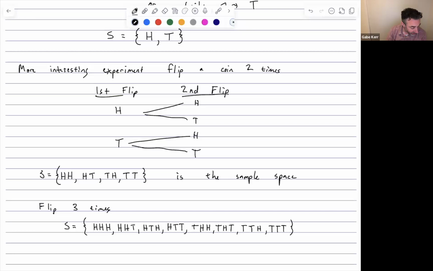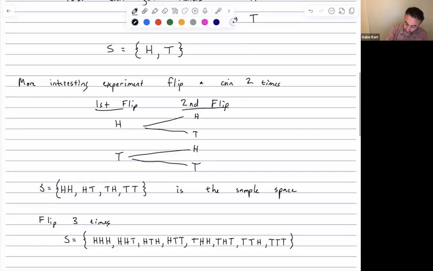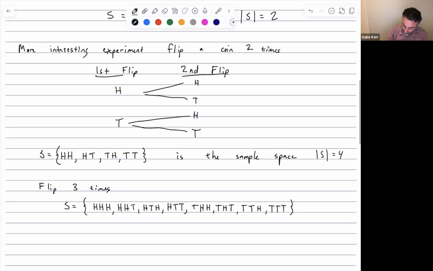And we can ask about the size of this set in each case. If we want to understand the size, oftentimes you'll put bars around S to indicate the size, or you'll use the letter N. In this case, we have size 2. Here we can see that S has size 4. Here we can see by counting that S has size 8.